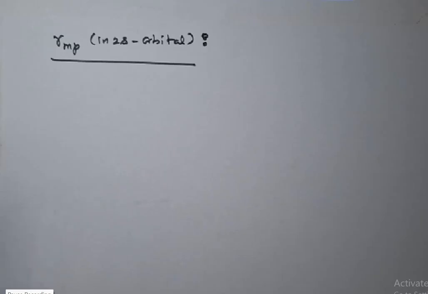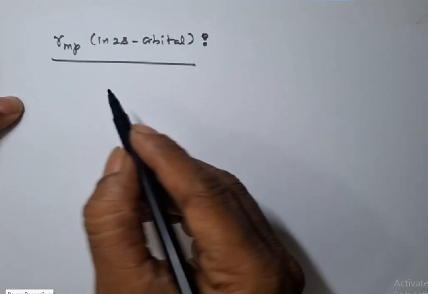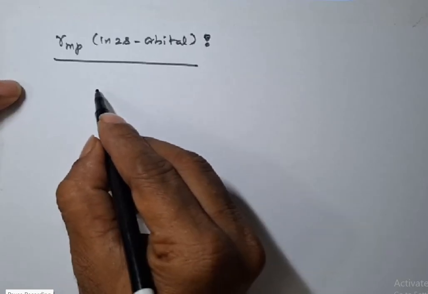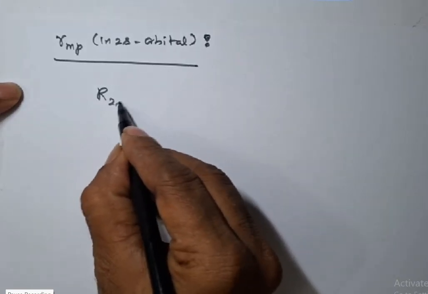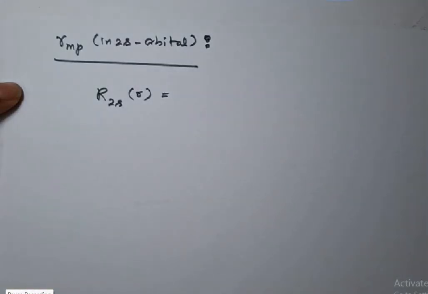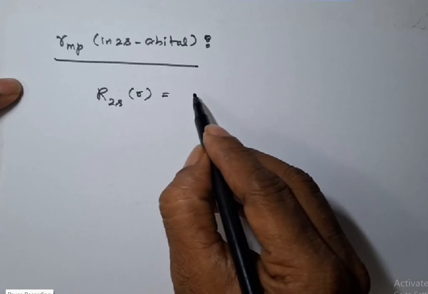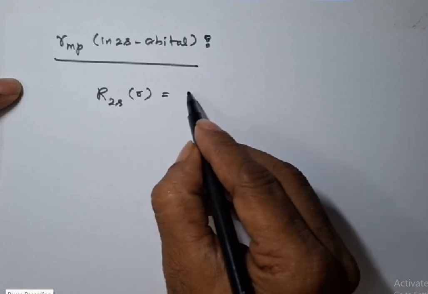How to work out. Listen, the radial part of the wave function for the 2s orbital can be given as, it consists of a normalization constant.